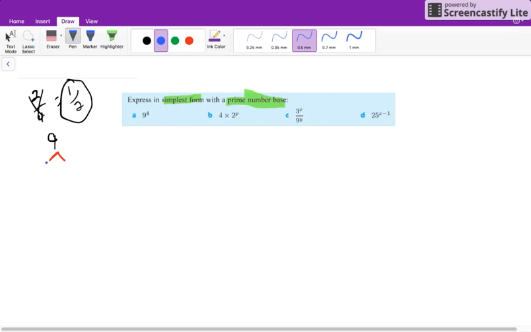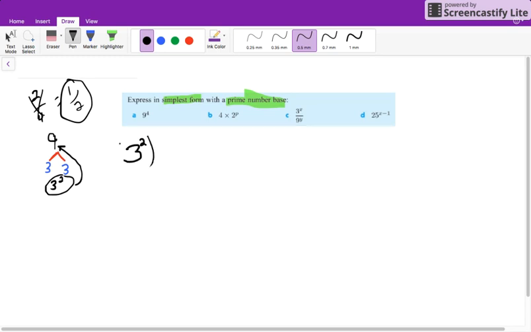And we know that the two factors of 9 are 3 and 3, so we can rewrite that as 3 squared. Wherever we see that 9, we can substitute it with 3 squared because they're equal to the same thing. So we can rewrite this as 3 squared raised to the 4th power. So 9 raised to the 4th power or 3 squared raised to the 4th power are both the same thing.